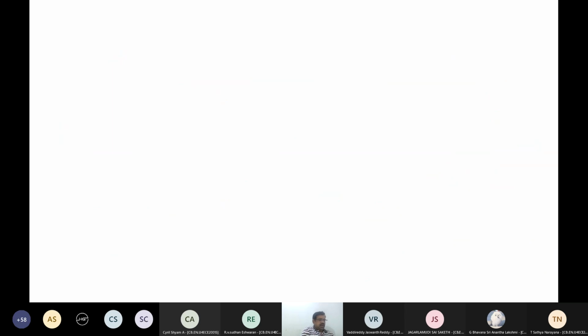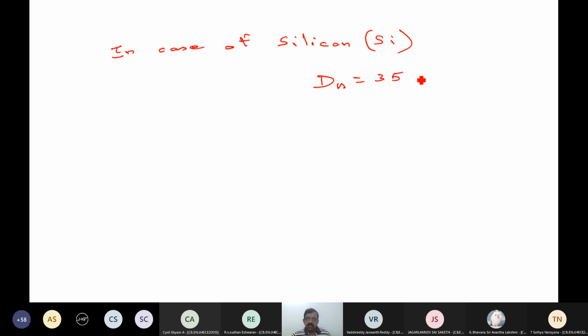Now I want you to note the values, in the case of silicon, the symbol is Si. Dn is actually 35 centimeter square per second.